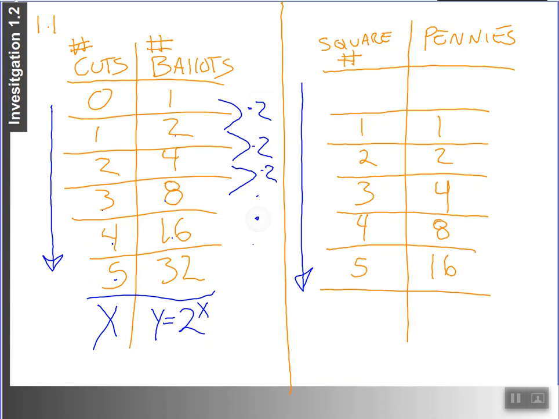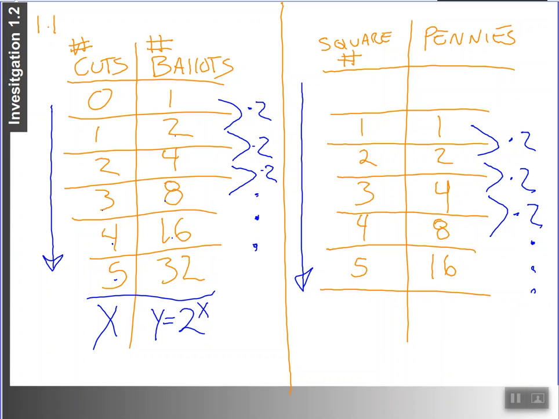And that's going to continue. I'm just going to do the 3 dots to show it's continuing. And in the peasant's plan, we are also multiplying by 2 every time. That is absolutely critical to notice when we're talking about these 2 tables. Are there any other observations you've noticed about these 2 tables?